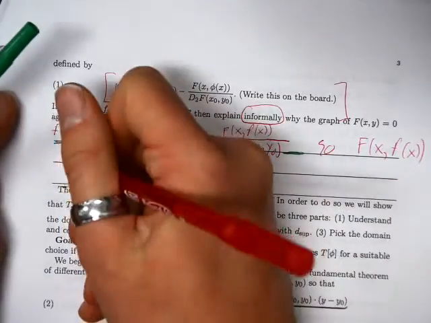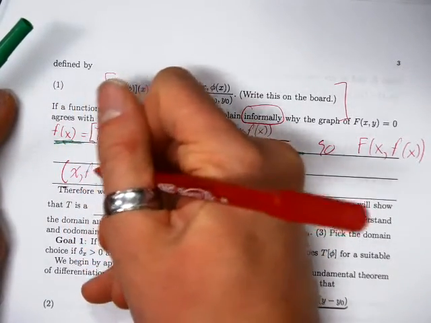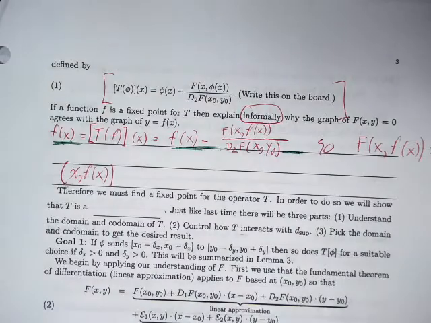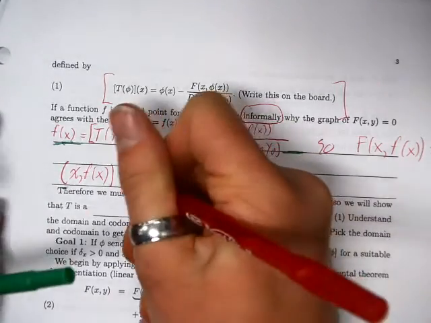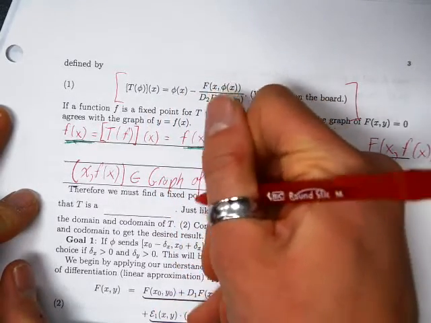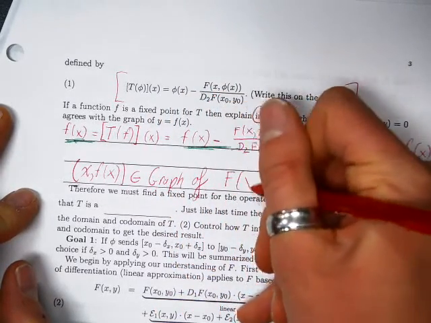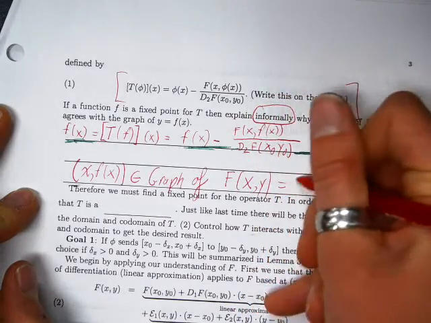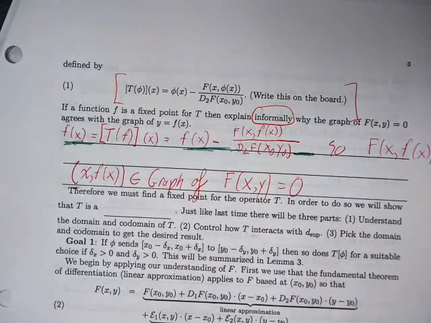That means the point x comma f of x, which is an arbitrary point on the graph of little f, is in the graph of big F of x comma y equals 0. Oh, hey, nice. So that at least proves one of the containments that you might want. Right, the graph of little f is now contained in the graph of big F.